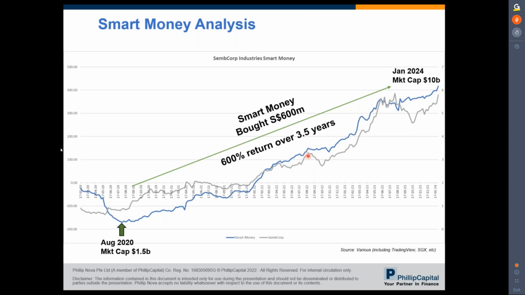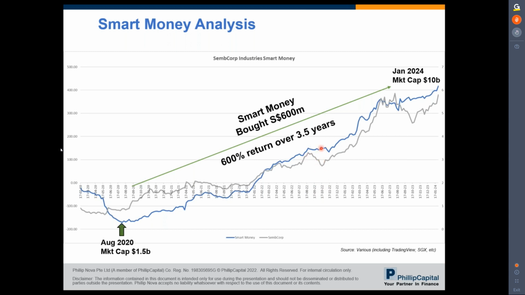Of course, there are periods of time you'll find that there's some divergence, whereby smart money is buying or not selling that much, but the share price comes down, like during this period from August to October 2022, right?